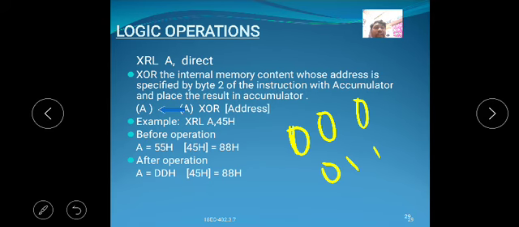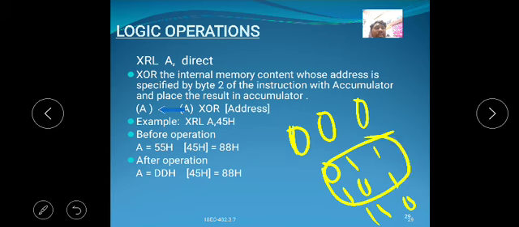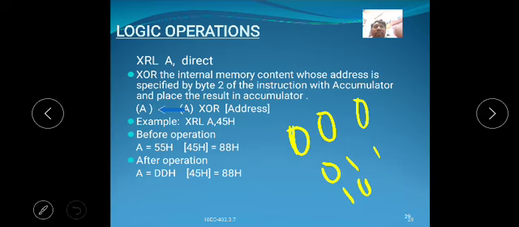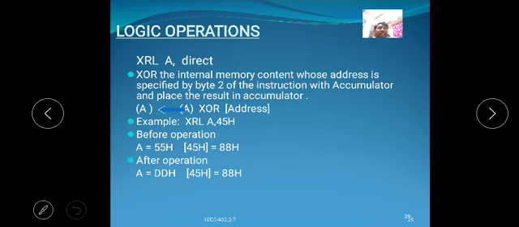Based on these combinations, we will get the answer A is equal to DD. The 45 address of the memory location, the content is 88.